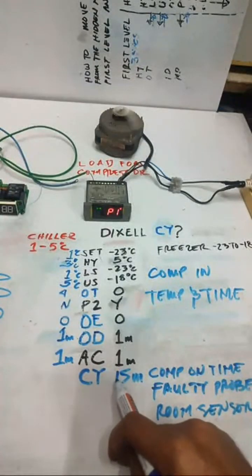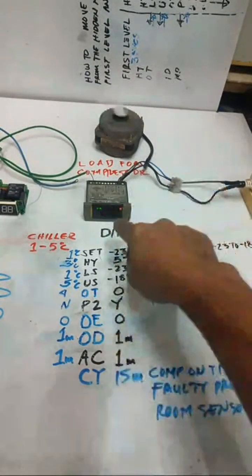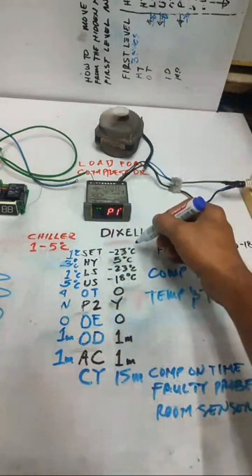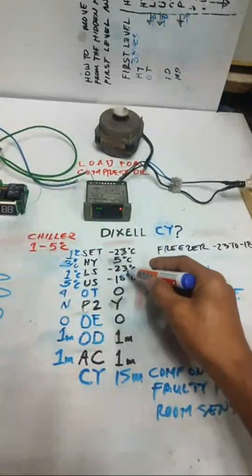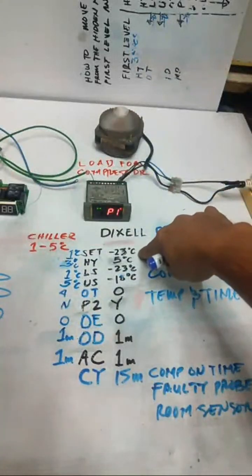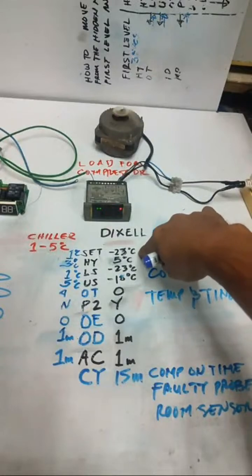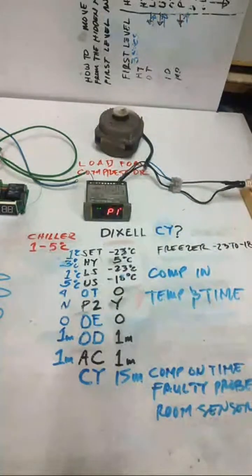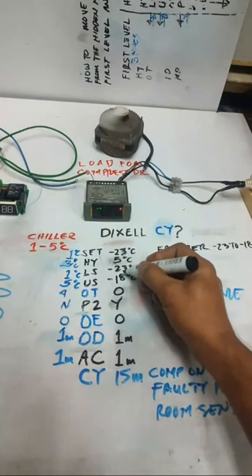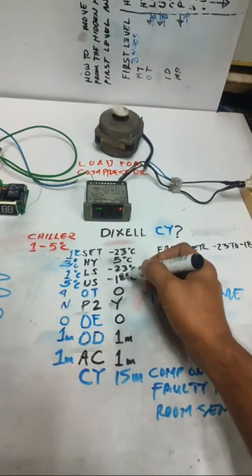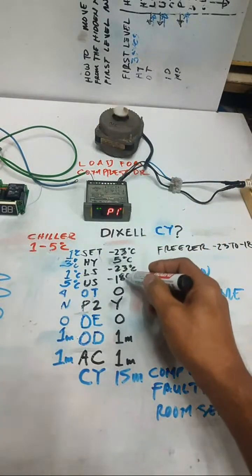Now, are you sure that for 15 minutes your compressor runs, it will run from negative 18 and cut off at negative 23? Are you sure that is 15 minutes? The answer is not mine, but it's on your unit, on how you're going to measure the time in order to meet this temperature.